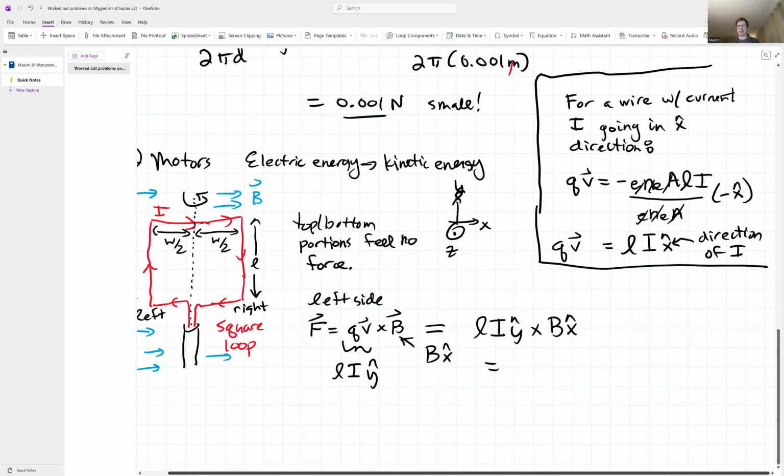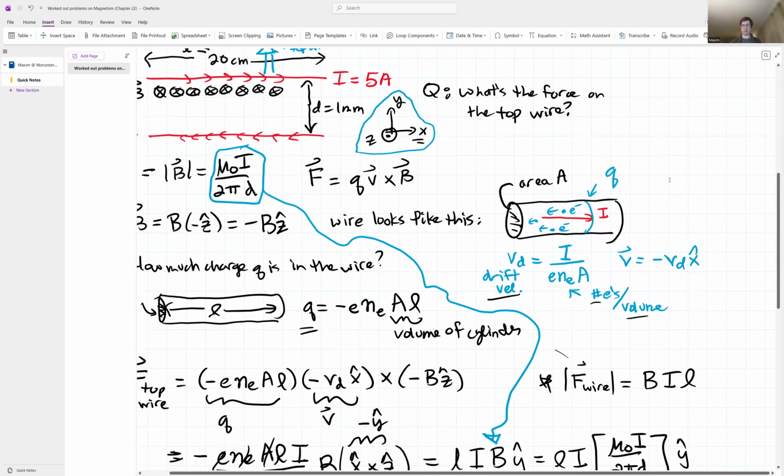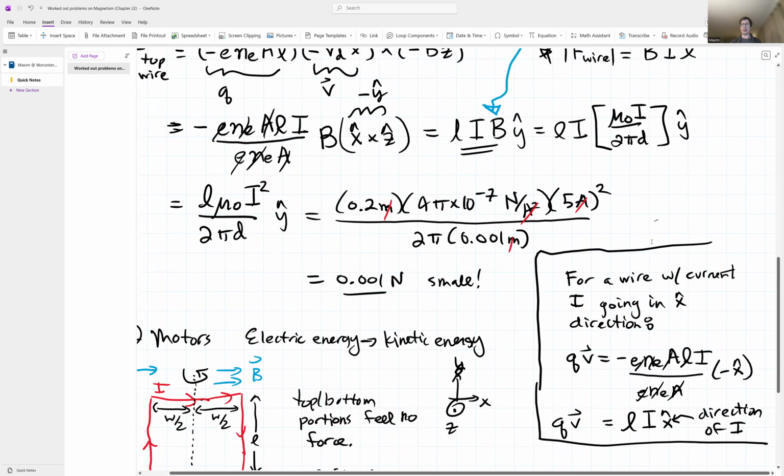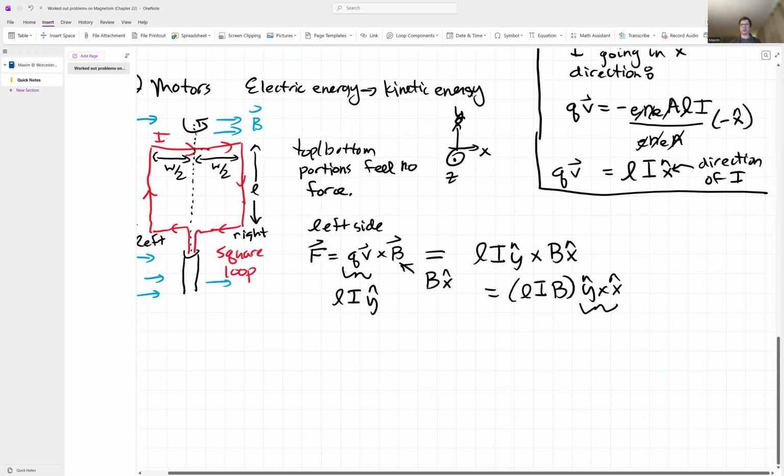The B part is a constant, so we just pull out a common factor of LIB, and it's y hat cross x hat. Now this thing right here, we can go look up what it is. We want y hat cross x hat. It's minus z hat.